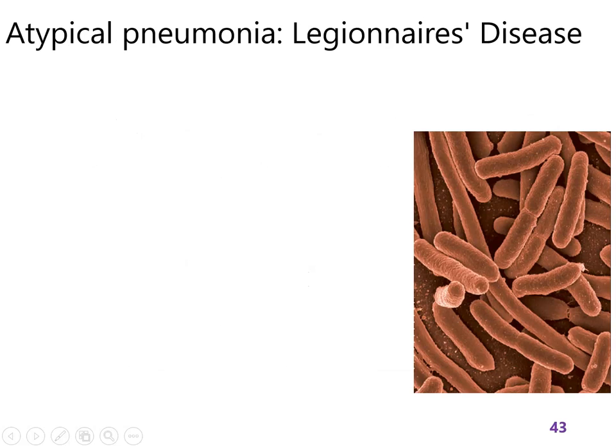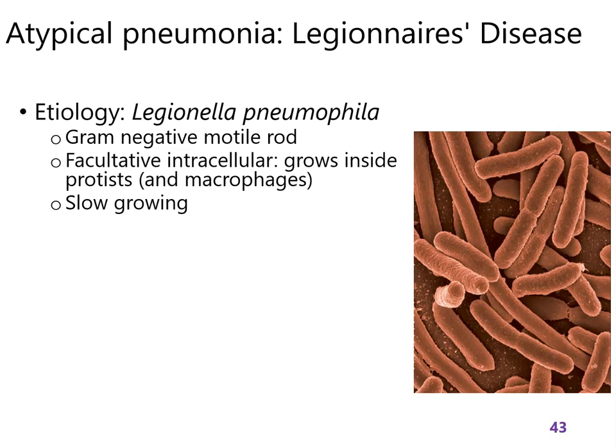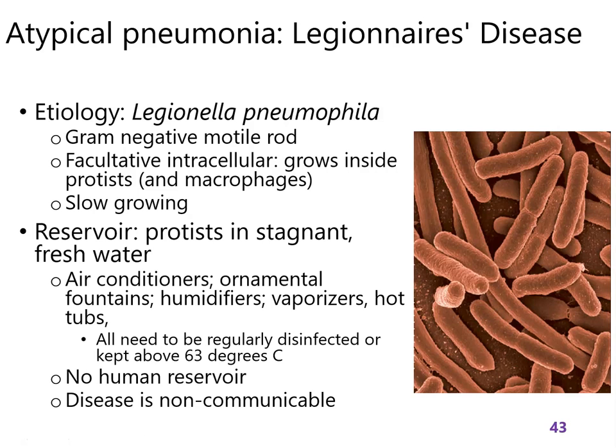The next one is Legionnaires' disease, and this is truly bizarre. This is the only one we've seen that is not spread from person to person in outbreaks. This one is spread from a point source. So it is usually intracellular. It can grow inside protists, and it's often going to do that in water tanks.